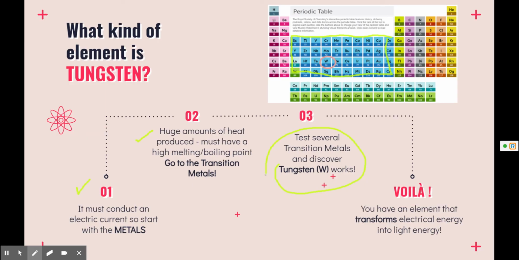It has a melting point of 3,422 degrees Celsius, so it can withstand extremely high temperatures. And voila, we have it. We have an element that transforms electrical energy into radiant light energy for our light bulb.